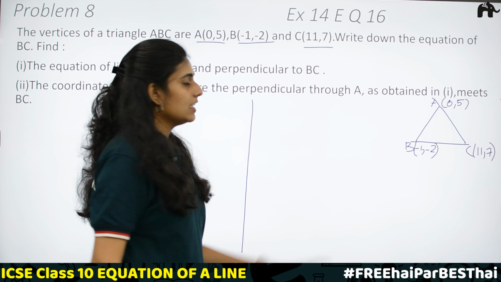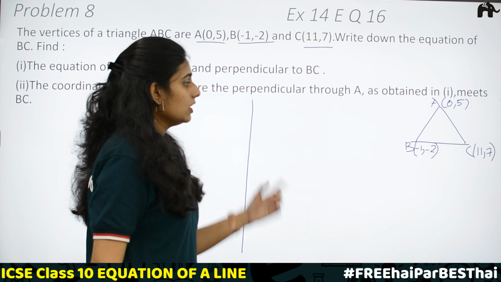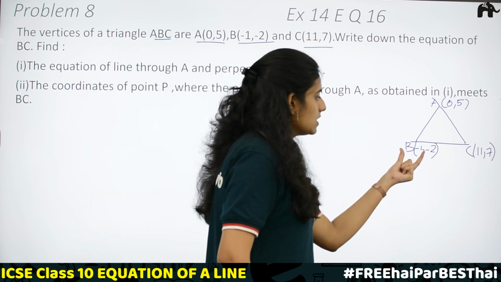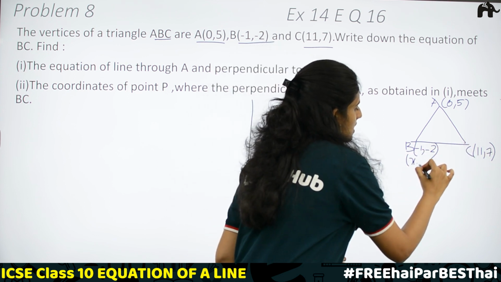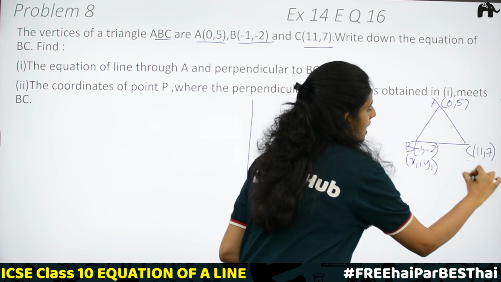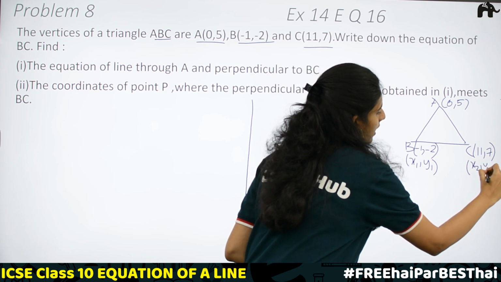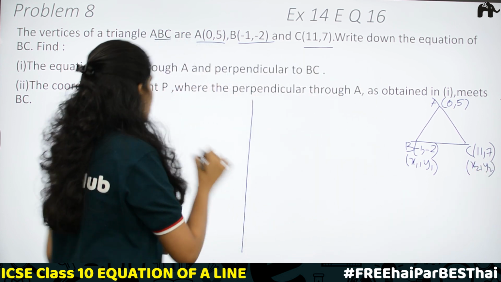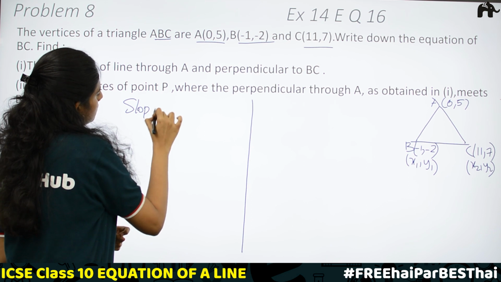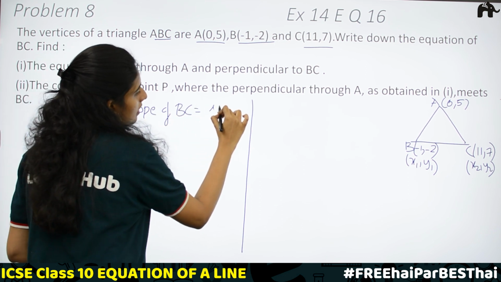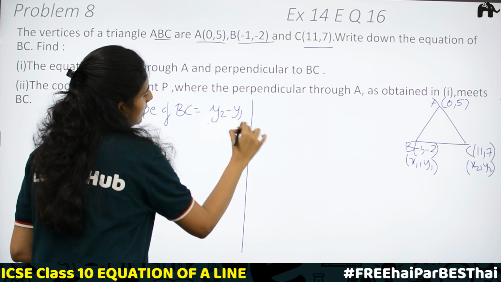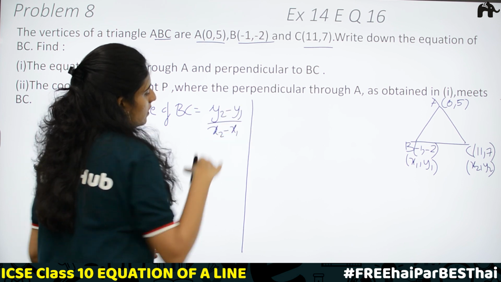First, we can find the slope of BC. To get the slope of BC, we have the first point and the second point. Coordinates of first point is taken as x1, y1 and that of second x2, y2. Then, slope of BC is equal to y2 minus y1 divided by x2 minus x1.